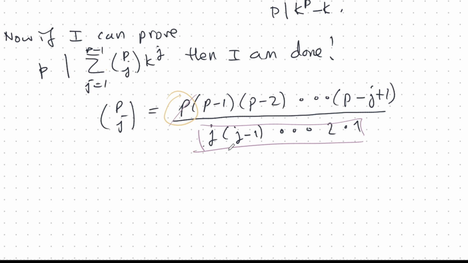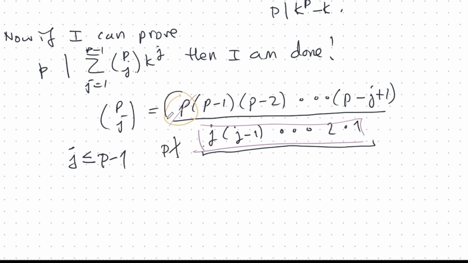Well, all these numbers j, let me get my color back, j is less than or equal to p minus 1. Well, it's not possible for p to divide any of these numbers because p is prime. So p cannot divide any number that's smaller than p. So p does not divide this.